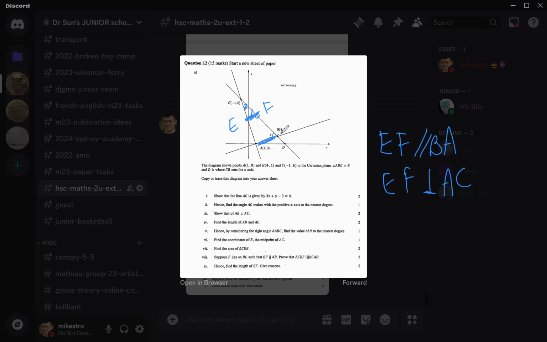If you want to write that properly, the corresponding sides on similar triangles are in the same ratio, so this is half of that, and this is root 10, so half of root 10 is root 10 on 2. Which is also root 5 on, like this.